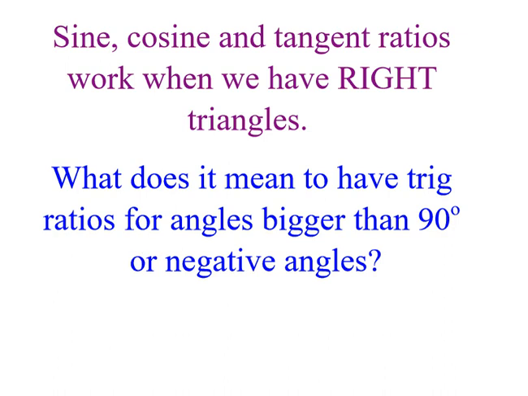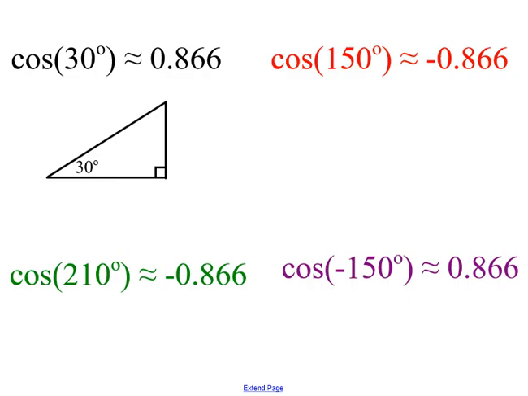So in the last video, we kind of looked at the fact that you can do cosine of 30. And anytime you have a 30-degree angle, you get this ratio of adjacent to the hypotenuse, so this side to this side should be 0.866. So one way to do that is to say that this would be 0.866 and this would be 1, because then I'd get the right ratio.